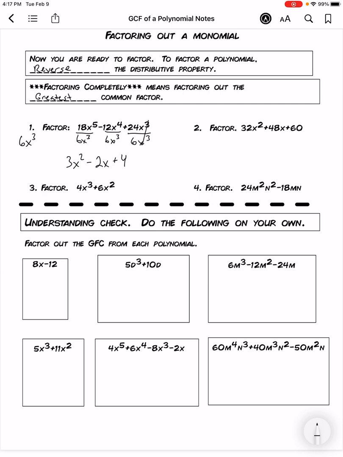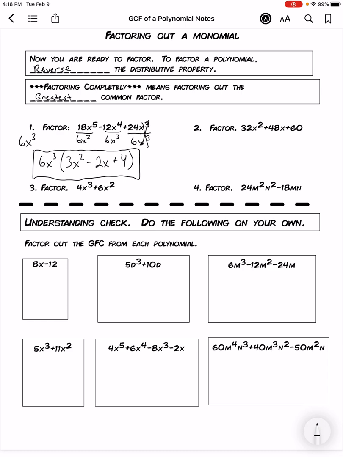And then x to the third cancels out x to the third. So this is what remains after I have taken out 6x to the third. So this would be my final answer right here. After taking out the greatest common factor, these are the two factors that I have.